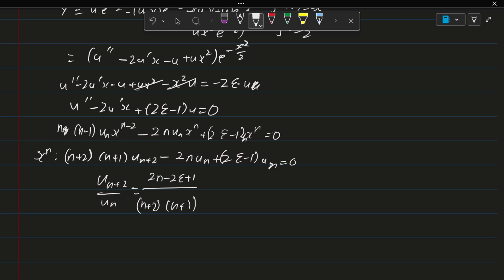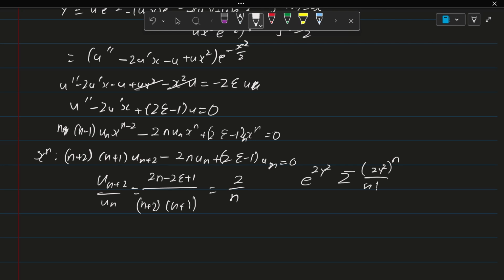Now, if you check the limit as n goes to infinity, you would get this to be like 2 over n. And this is a very suspicious thing to see. So now let me show you why this is very suspicious. If you just compare this with e to the power 2y squared, if you just do the sum, it's just 2y squared to the power of n over n factorial, right?